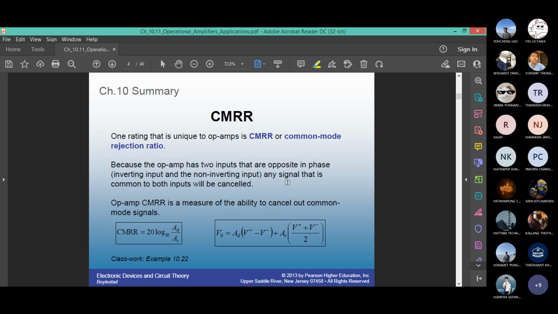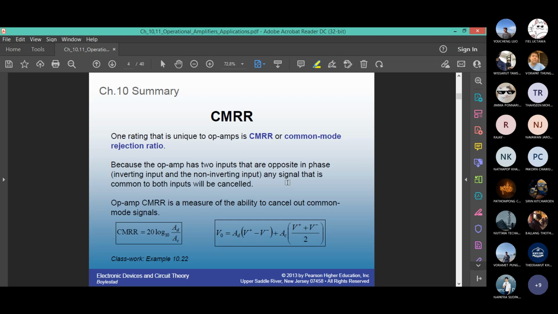You can express CMRR in terms of just a ratio, or a ratio multiplied by 20 times log base 10. If you just take AD over AC, you get a number without a unit.